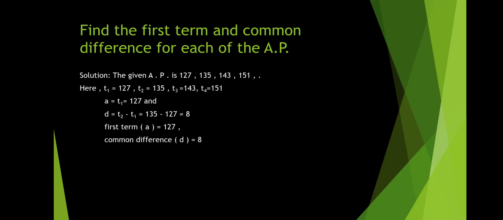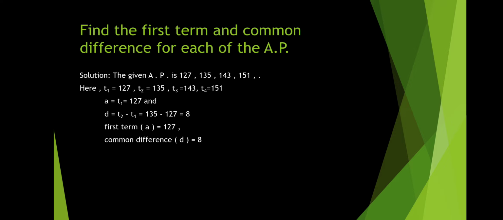We know the number at the first position is called T1. The number in the second position is called T2. Third position T3 and fourth position is called T4. So here we can say T1 is equal to 127, T2 is equal to 135, T3 is equal to 143, T4 is equal to 151.